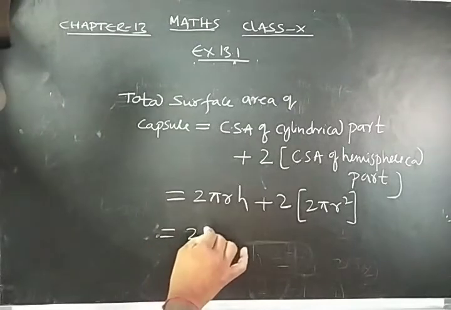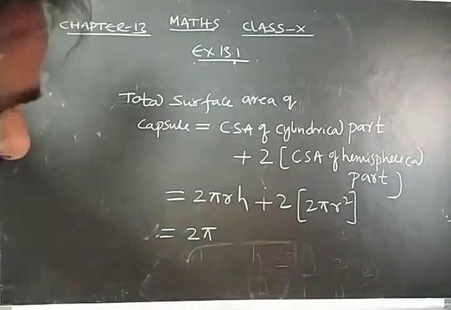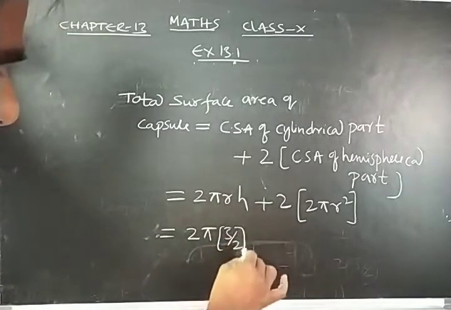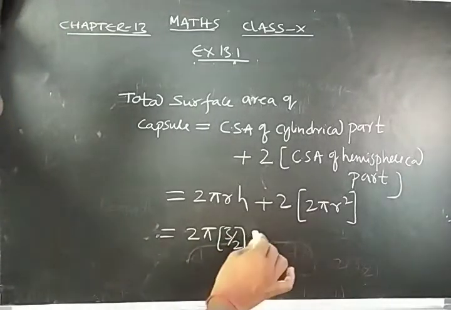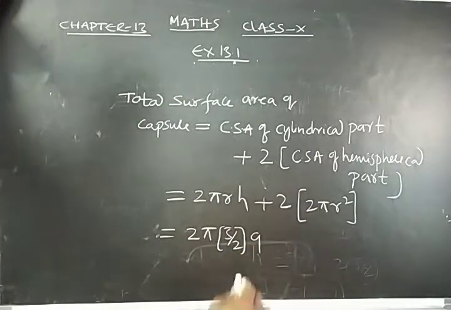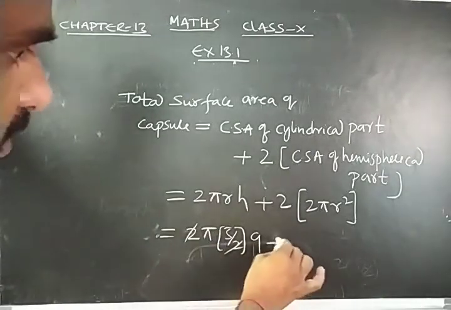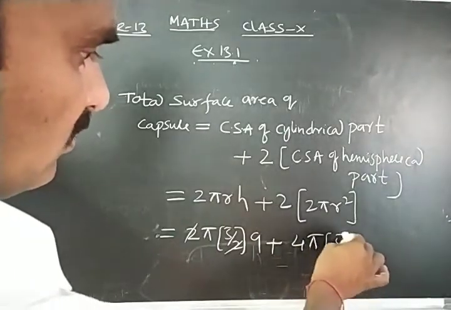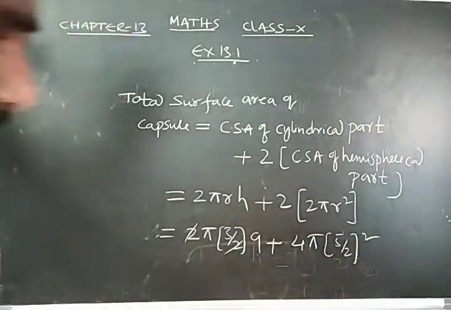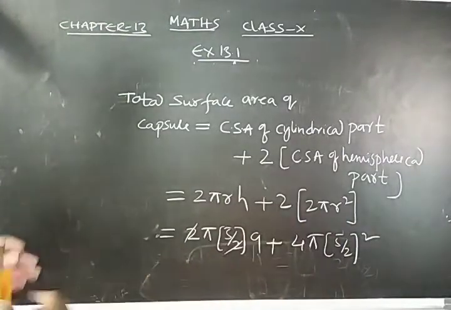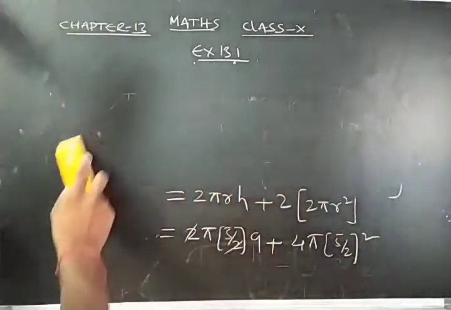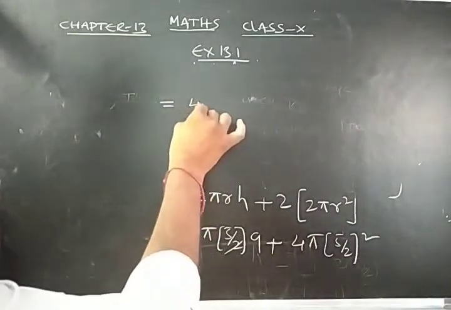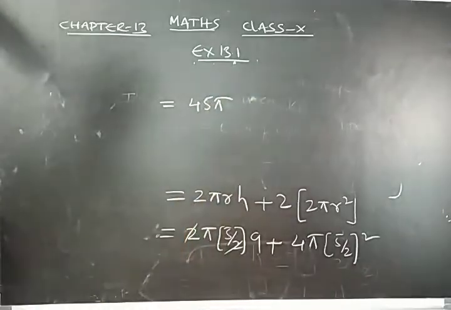Now 2 into pi into r value, which is 5 by 2, into the length of the cylindrical part, 9. Here the 2 cancel. Plus 2 into 2 pi r squared, that is 4 pi into 5 by 2 whole squared. Now let us simplify this. 5 nines are 45, so 45 pi.